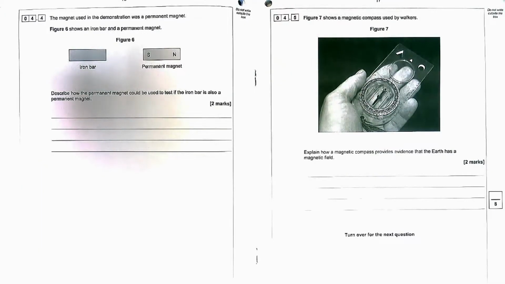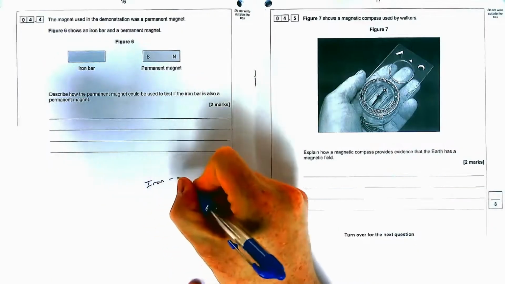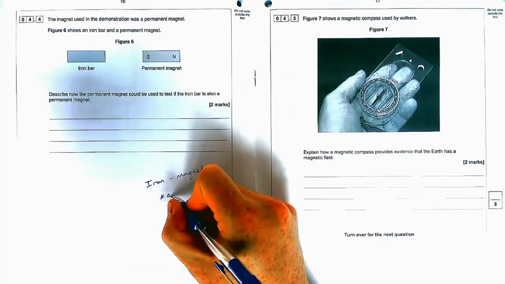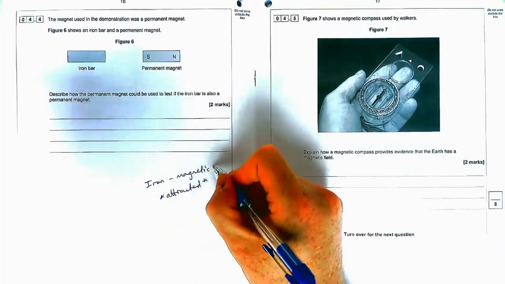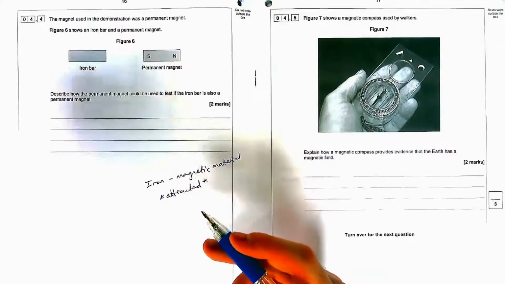So iron is magnetic, meaning it can become a magnet, but it's only ever attracted to magnets. You cannot repel iron. It's a magnetic material but not a magnet, so it becomes attracted, not repelled. So with that knowledge in hand, what we do is we bring the iron bar close to one end.